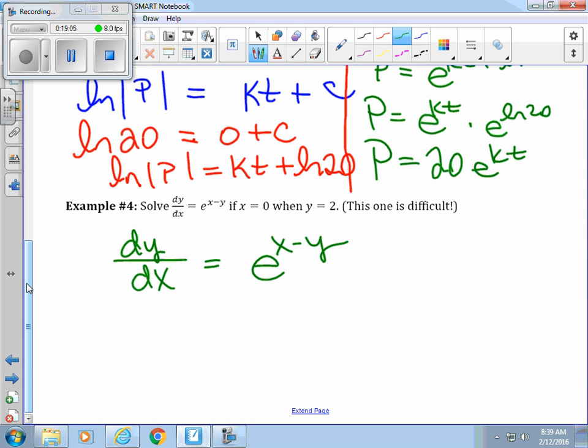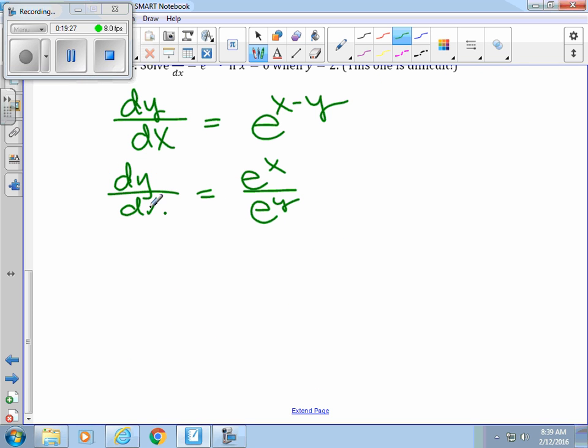I'm telling you that it can happen, but it's tricky. Can you do a logarithm rule? E to the X divided by E to the Y. Is this the same as e to the x divided by e to the y? Is it?